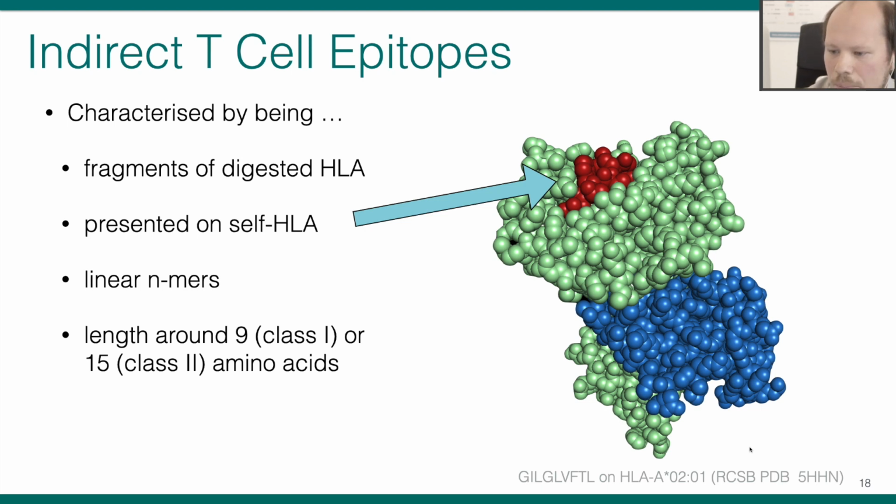And these peptides are linear N-mers, and depending on HLA class, this could be around 9-mers if you consider class I with a rather closed binding groove, or around 15-mers if you talk of class II presentation, where the binding groove is a bit more open, and therefore it could also sometimes be a 16- or 17-mer or something like that, so it can stretch outside of the binding groove in the end.